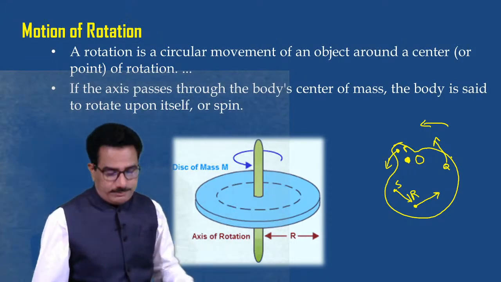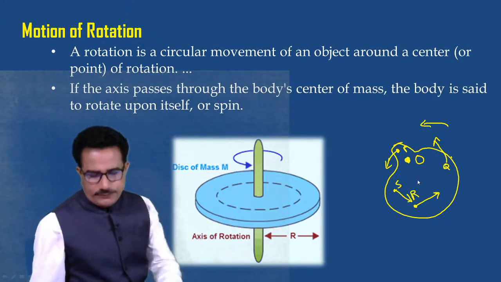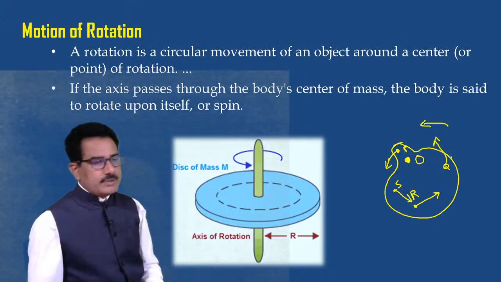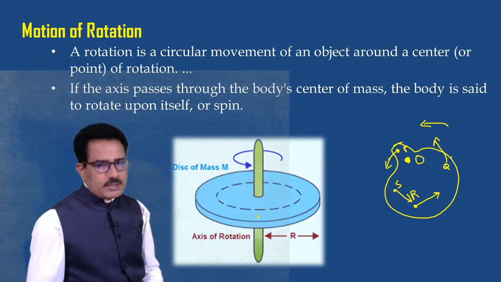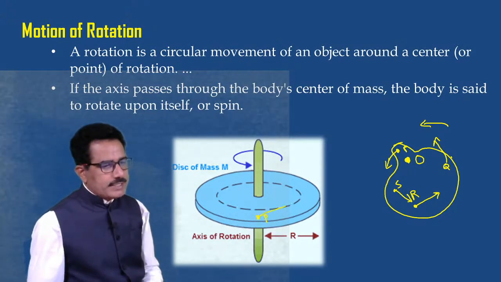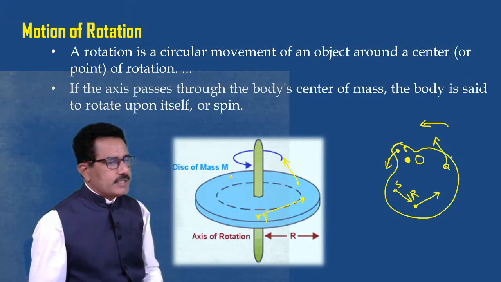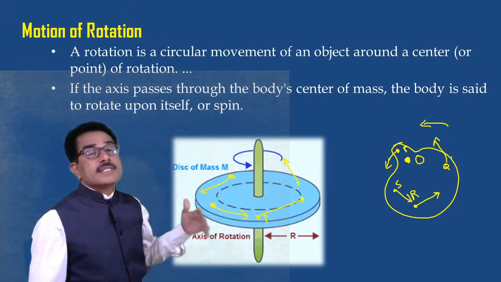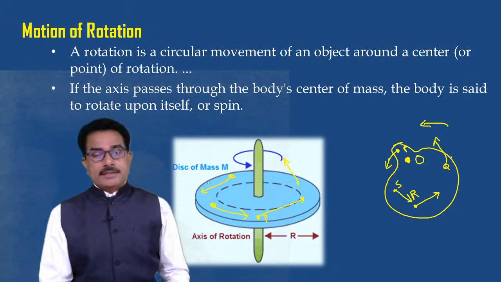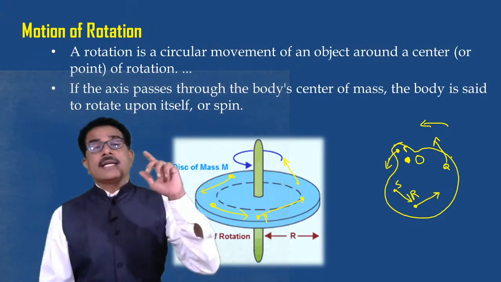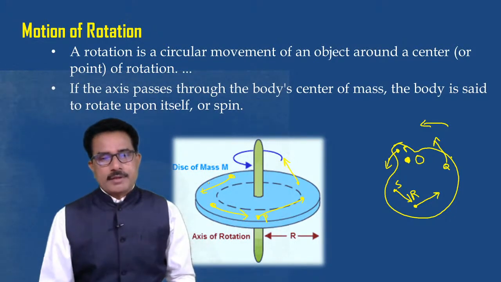In this motion of rotation, consider this particle. Suppose this particle displaces in this direction, this particle displaces in this direction, and this one in this direction. It means the direction of motion of a particle continuously changes.